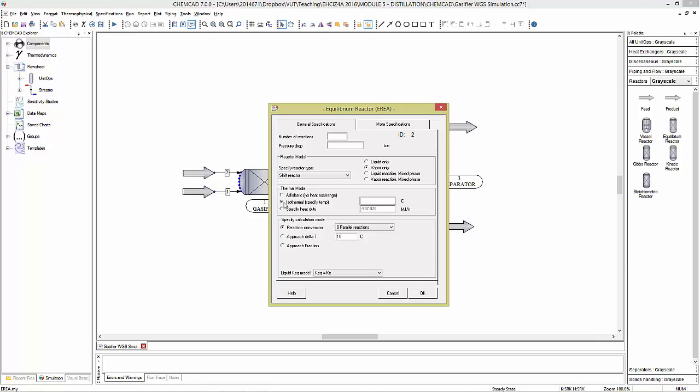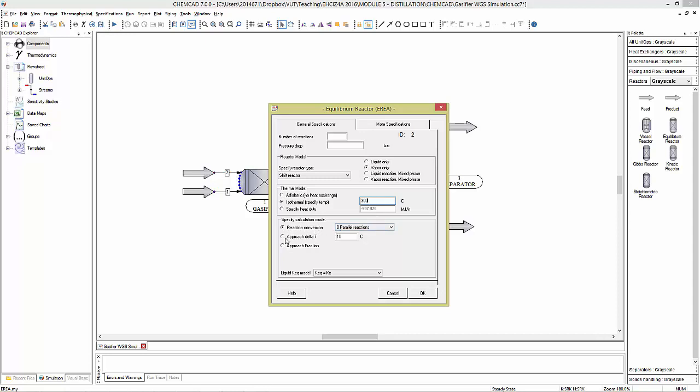Then the next step is to go isothermal on the reactor so that we keep the temperature of the reactor constant. We can start with whichever temperature, so let's say we'll start with 300 degrees Celsius. And then we specify the calculation mode. This essentially says that you can specify a couple of things. You can specify the reaction conversion.